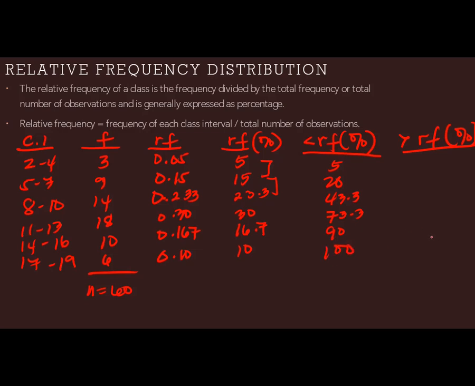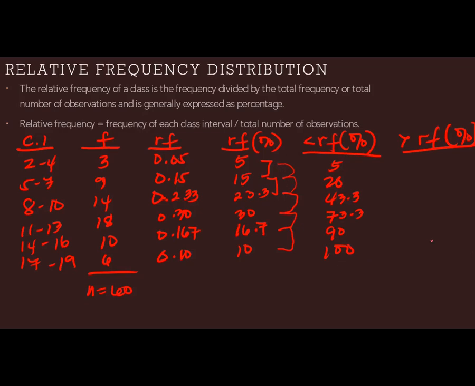So the more than relative frequency percentage, baliktad naman po siya. So mag-start tayo kay 10 plus 16.7 plus 30 plus 23.3 plus 15 plus 5.